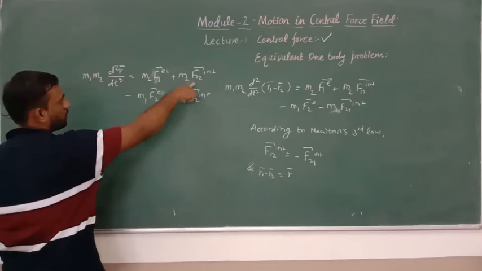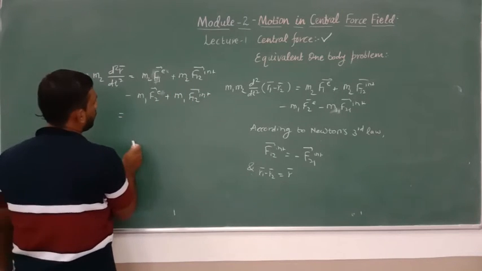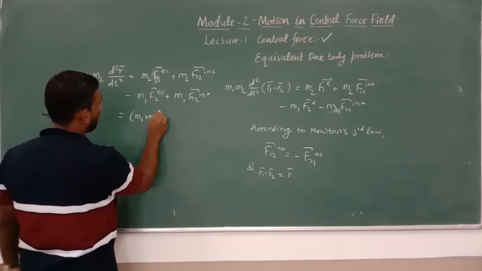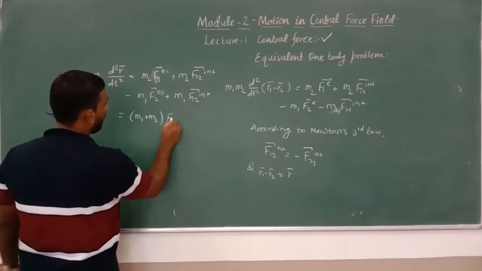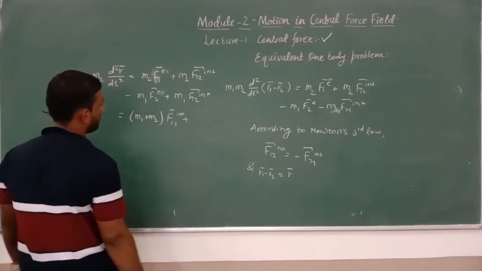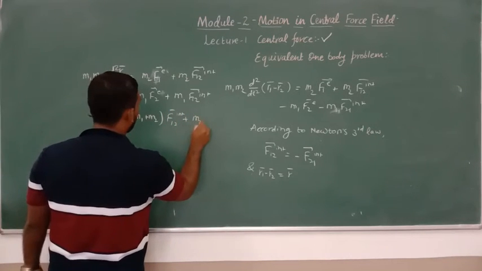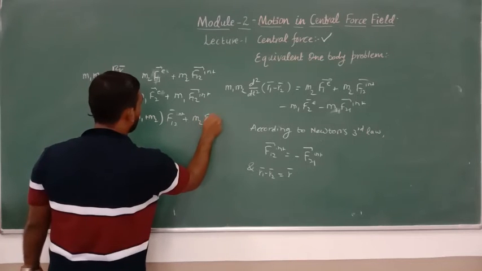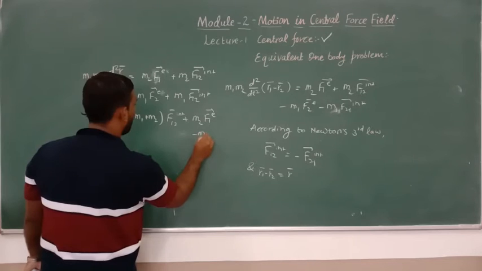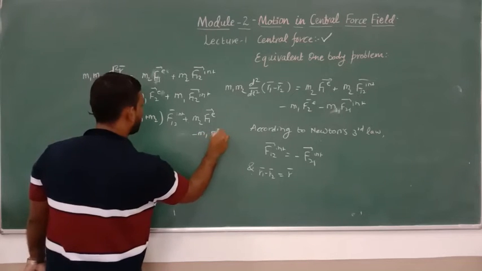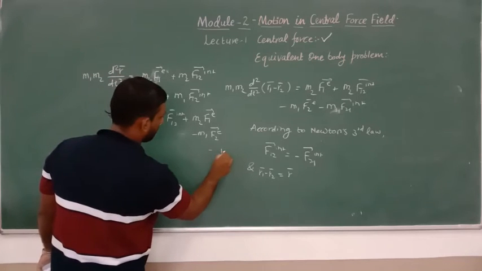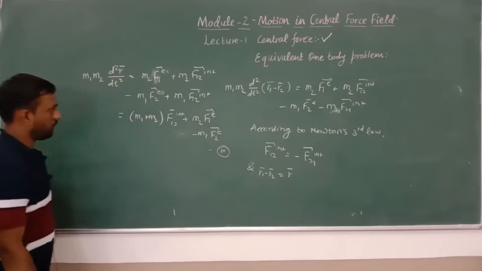So f12 is common, and the remaining term is m1 plus m2 times f12 internal, plus m2 f1 external minus m1 f2 external. This is equation number, let's say, 10.